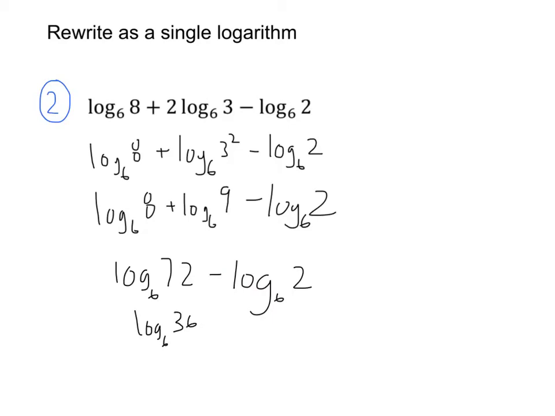And so this whole complicated thing simplifies to log base 6 of 36. And then, wait a minute, I know this logarithm. Log base 6 of 36 is equal to 2. So this whole logarithm expression is actually equal to 2.